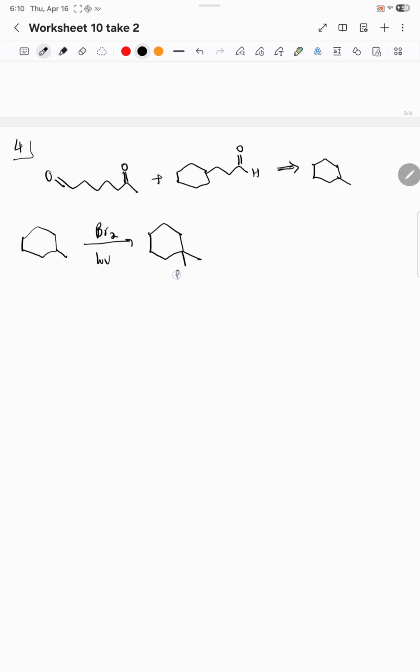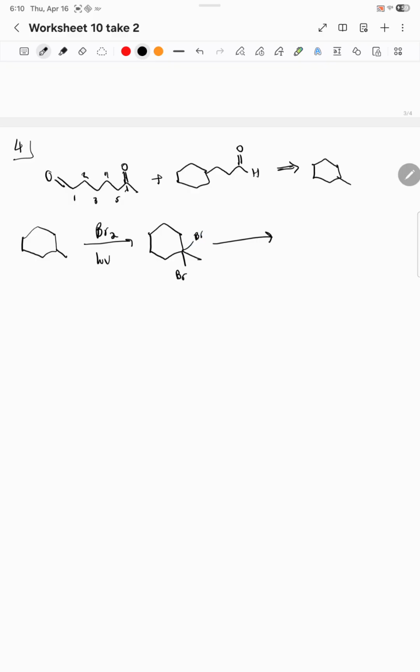a tertiary bromide. Now, how many carbons do we have? 1, 2, 3, 4, 5, 6. We have enough carbons, nothing to worry about. It seems like we need to now use elimination. But before we do that, we actually need a dihalide, and we can't add any more bromines.